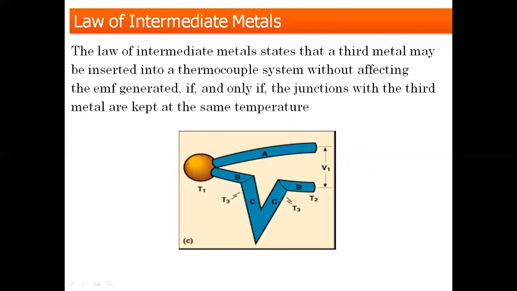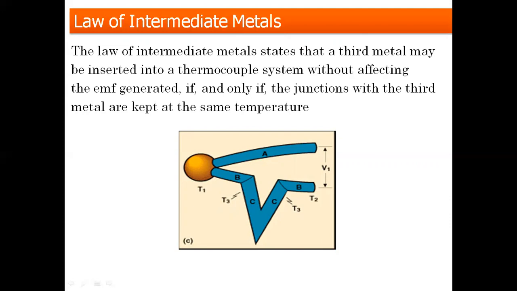Somewhere in between, if you want to insert a metal C, then the overall working or the EMF that is produced over here is not affected as long as the two junctions that you have newly introduced are at the same temperature. Okay, so in the figure you can see we have tapped the wire B and we have inserted another metal C in between.